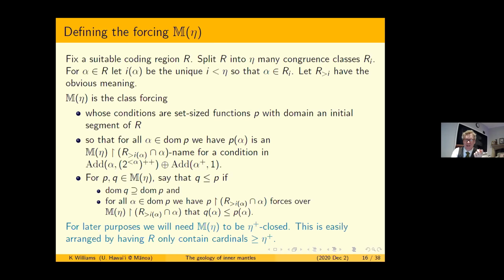A condition in your forcing is literally also a condition in the full one. Yeah, so it is a suborder then. It's a suborder where at each stage we restrict the model the names are allowed to come from. Okay.